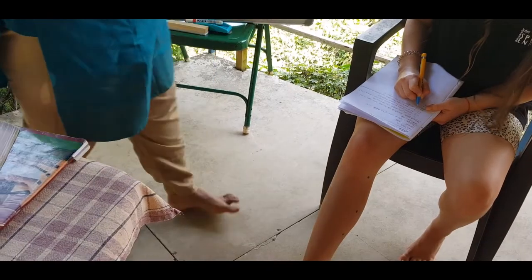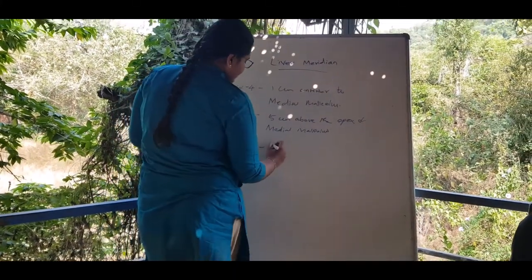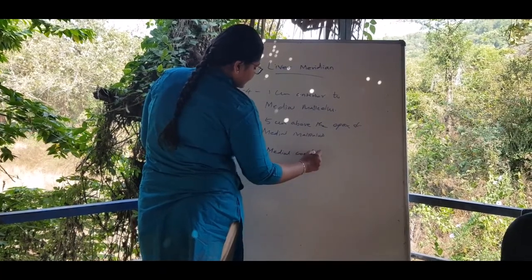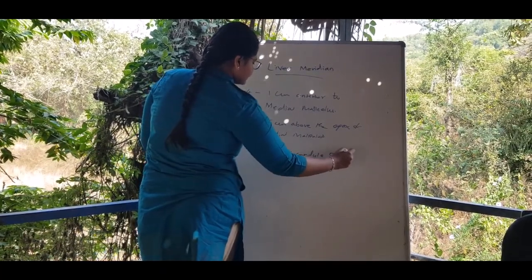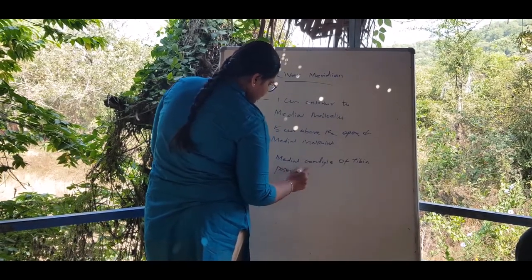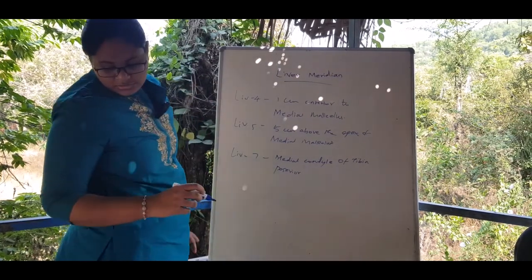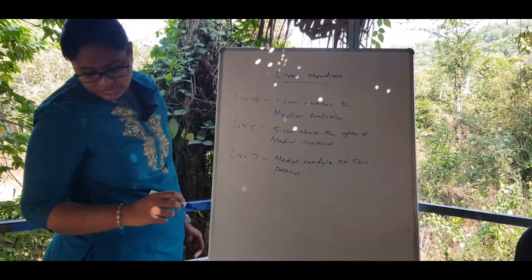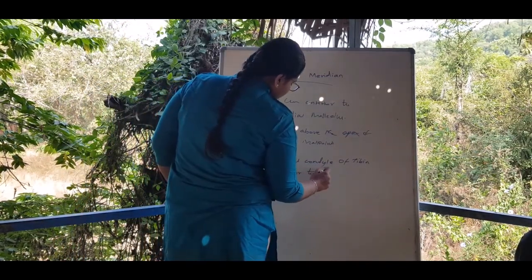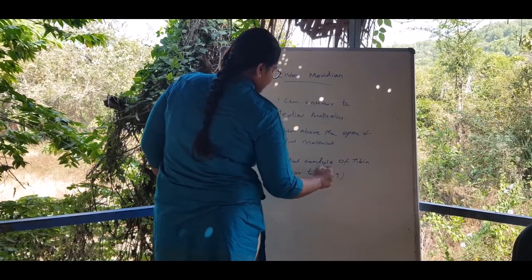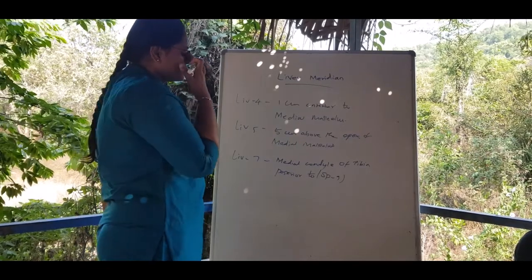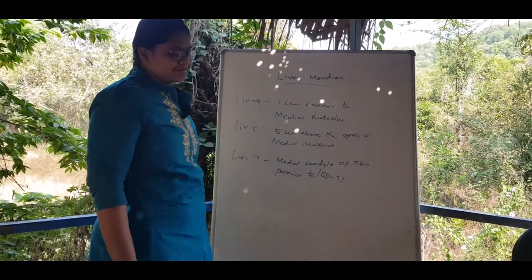Located at the medial condyle of tibia, posterior to spleen 9. Next we will learn spleen 9. At that time you can learn the location for spleen 9.